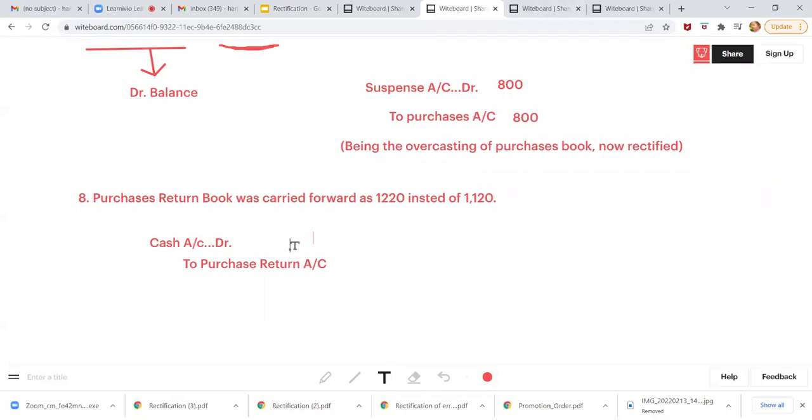So there has to be the amount of 1,120 rupees, as we know that the purchases return book was carried forward as 1,220 instead of 1,120, right? So there has to be this amount.